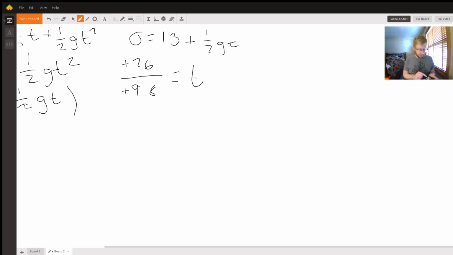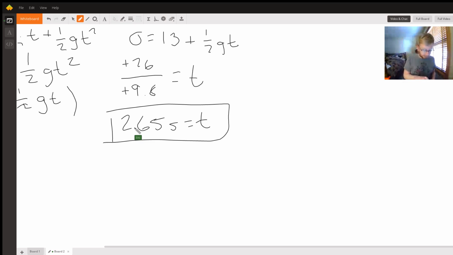So 26 divided by 9.8 is about 2.65 seconds. That is the time that it takes to go up and come back down. So there's your answer for the first part.